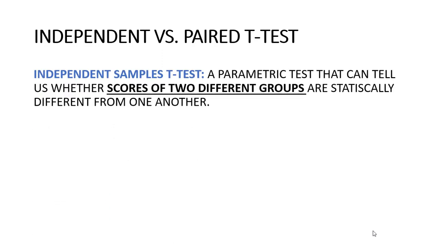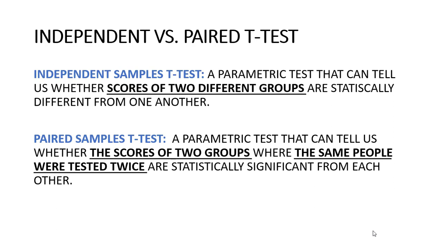Let's define the difference between an independent and a paired t-test. We learned how to do an independent t-test in Lesson 5. An independent sample t-test is a parametric test that can tell us whether scores of two different groups are statistically different from one another. So basically we are comparing two groups, and we are trying to compare the means of those two groups.